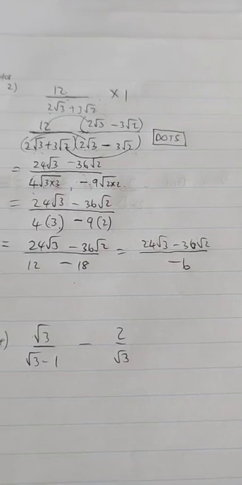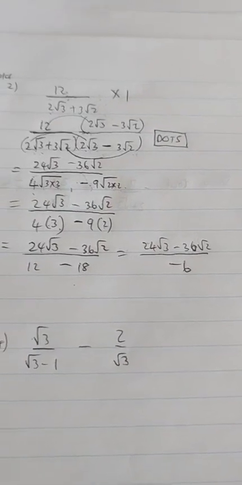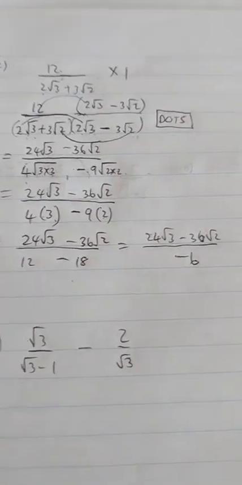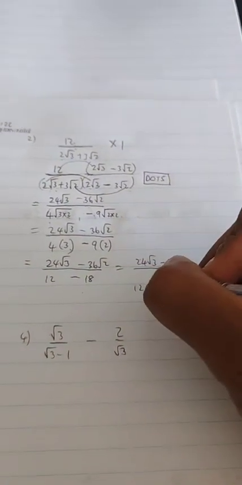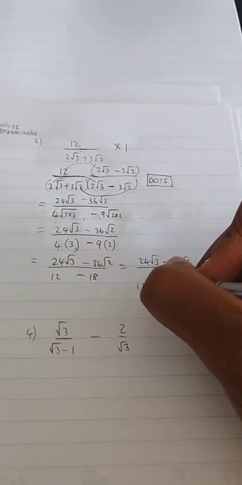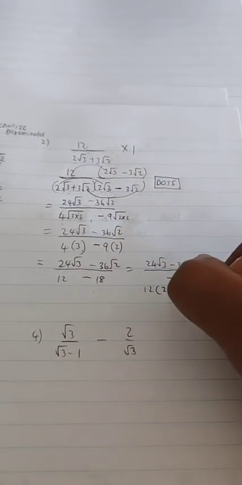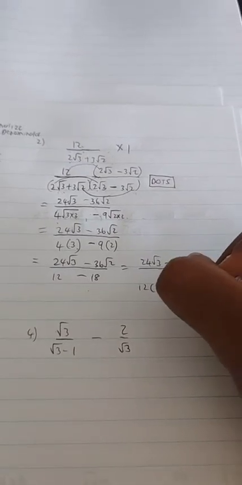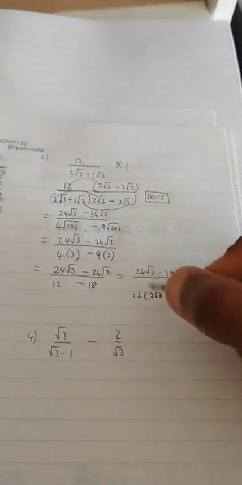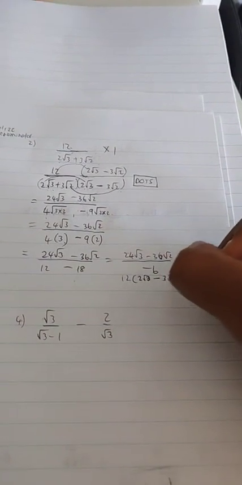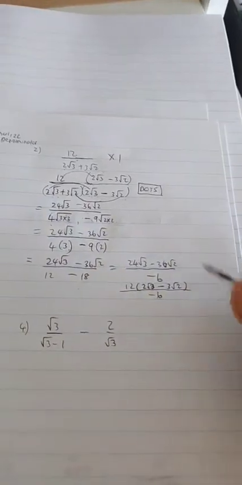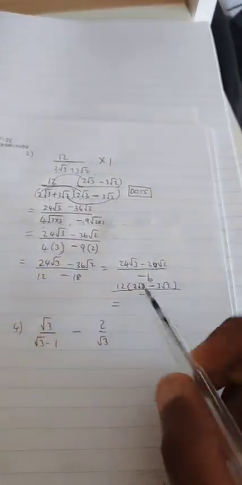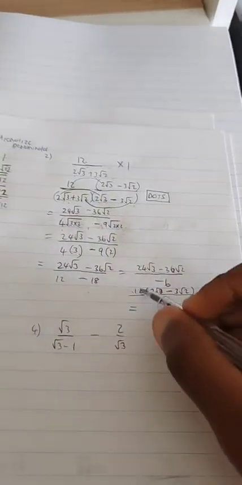Okay, highest common factor, 12. Very good. See, it's a family, it's very helpful there, 12. So then if we take out the 12, we are left with 2 root 3 minus 3 root 2. And that's all over negative 6, which eventually 12 divided by negative 6.